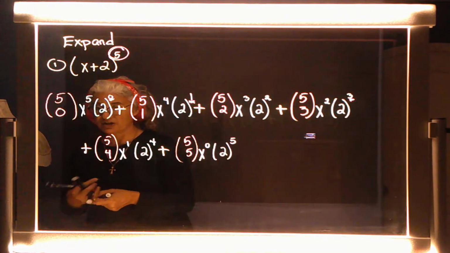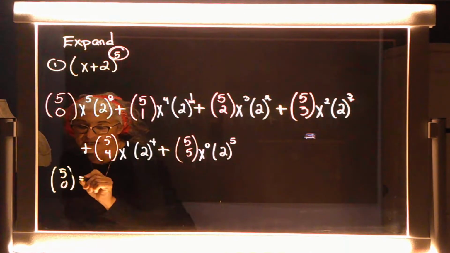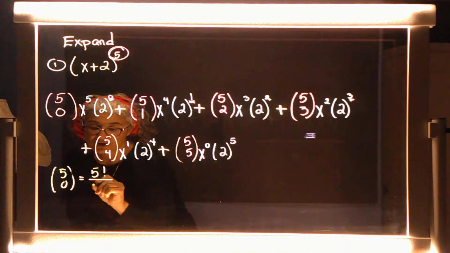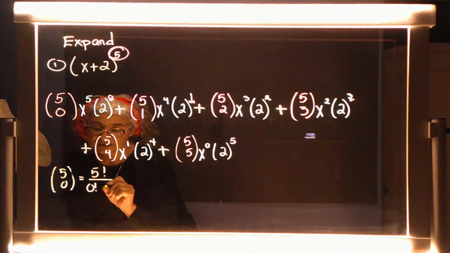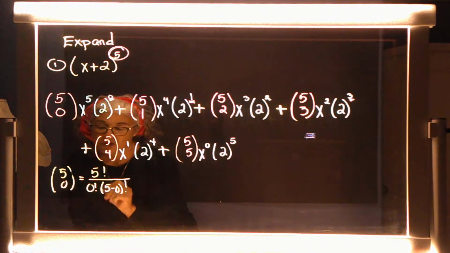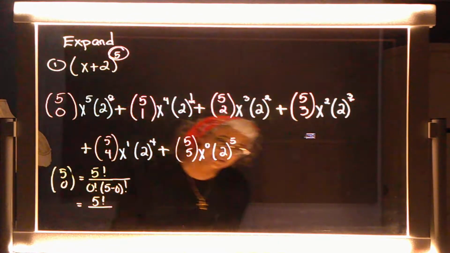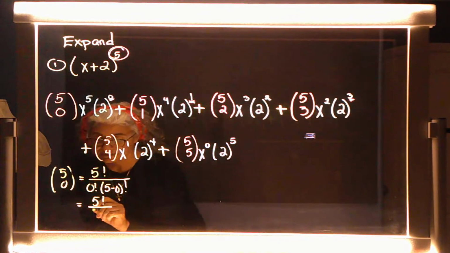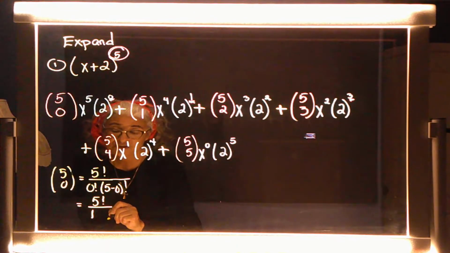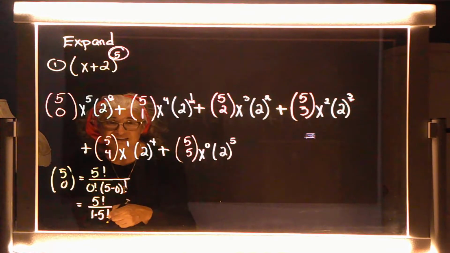If we work on 5 choose 0, that would be 5 factorial over 0 factorial times 5 minus 0 factorial, isn't it? Okay, 5 factorial over, what's 0 factorial? 1. 5 minus 5 factorial? 5 factorial. So what do you think you get here?